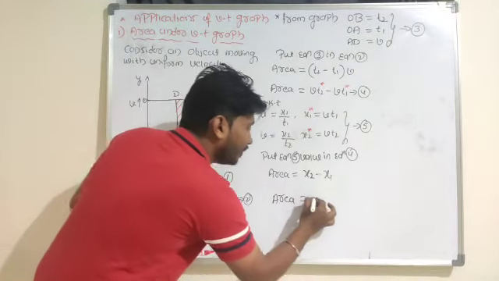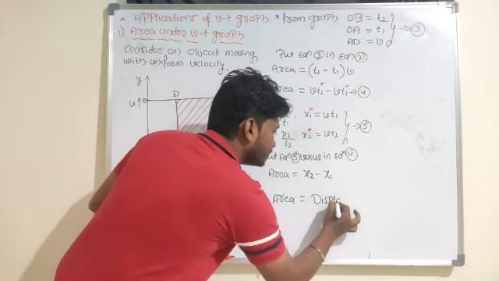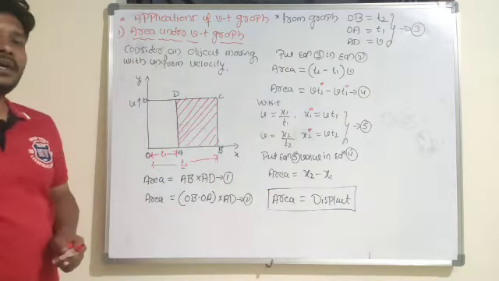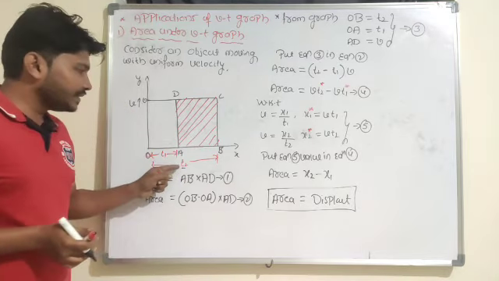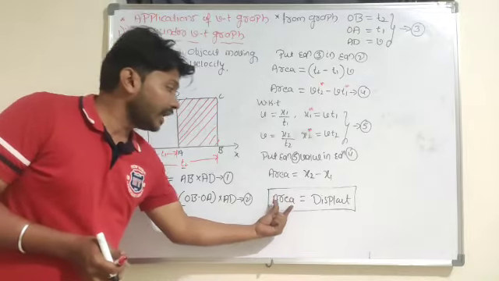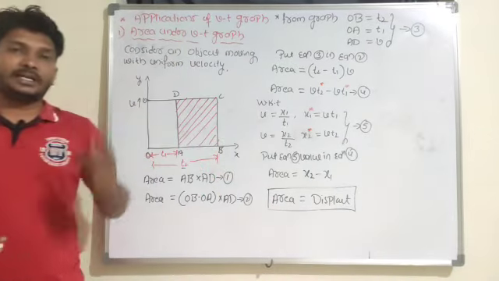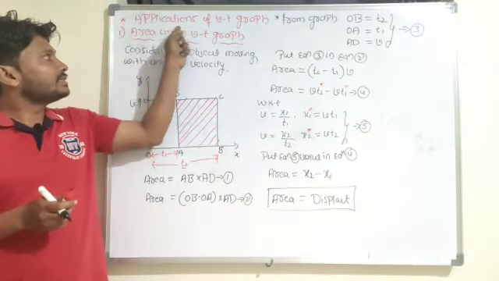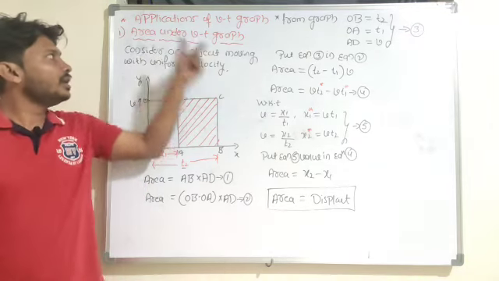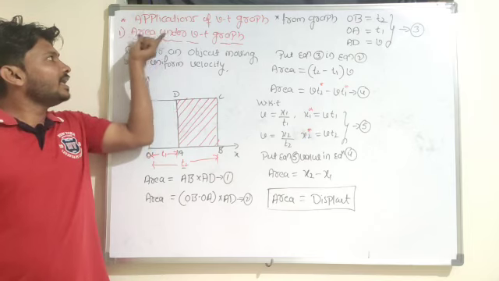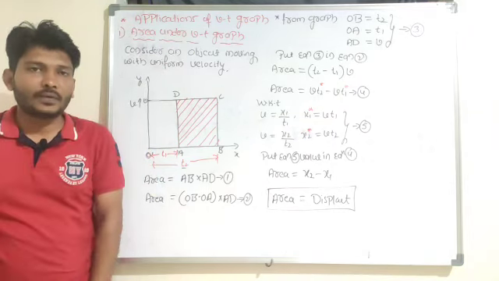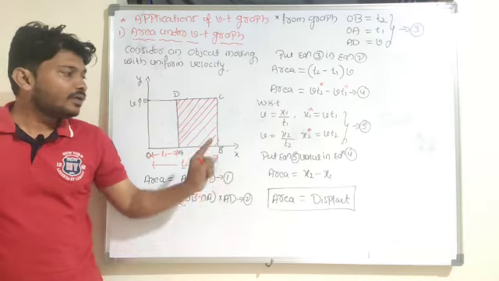So area is equal to displacement. In the case of a velocity time graph, if you find the area under the velocity time graph, that area is equal to displacement. Remember, we are discussing applications of the velocity time graph. In that application, if I find the area under the velocity time graph, that area is equal to which physical quantity? That area is equal to displacement.